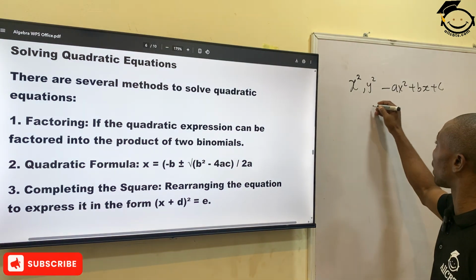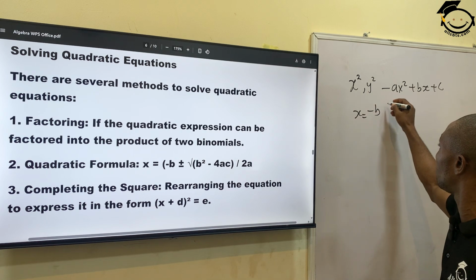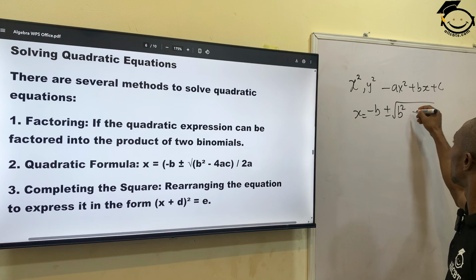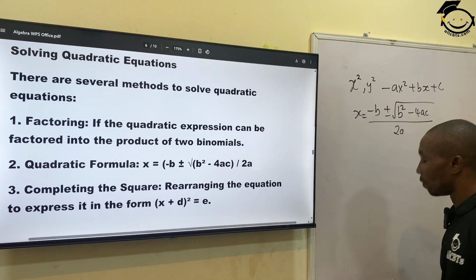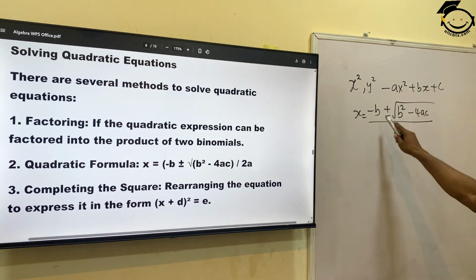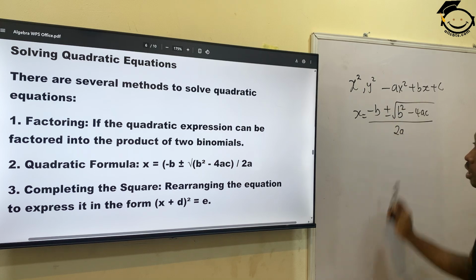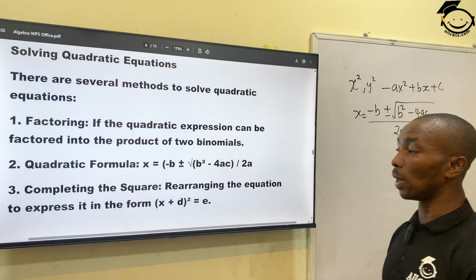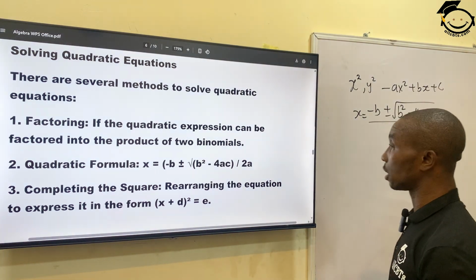And our quadratic formula simply states that x equals minus b plus or minus root b squared minus 4ac, all over 2a, where a, b, and c are the constants from your quadratic equation. We can also use the completing the square method in solving quadratic equations.